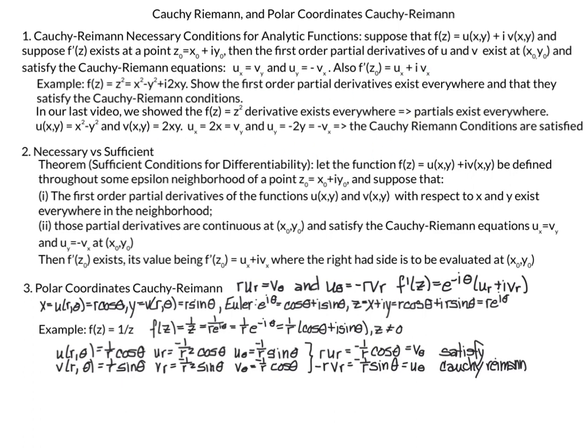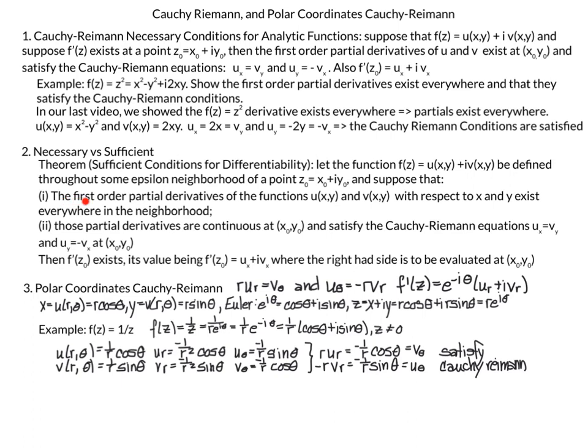We worked this example in our video. The next thing we talked about was the difference between necessary and sufficient conditions. Since our Cauchy Riemann conditions are necessary conditions, we also did a theorem to show us sufficient conditions for analytic functions, or sufficient conditions for differentiability. So again, we have our function f of z equal to u of x y plus i v of x y, defined through some epsilon neighborhood of a point z naught.